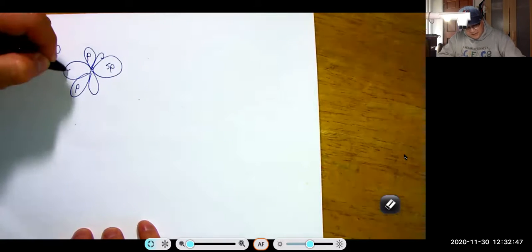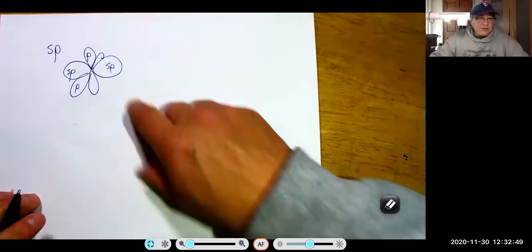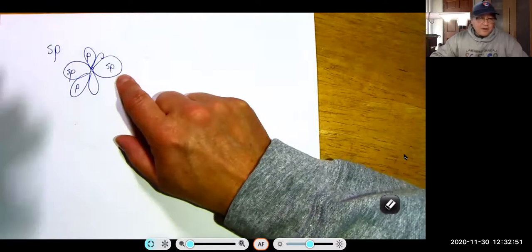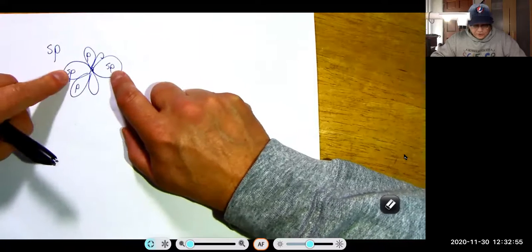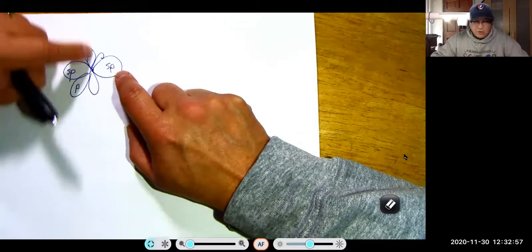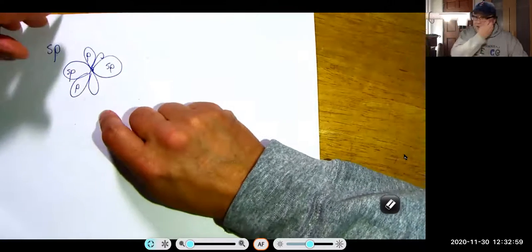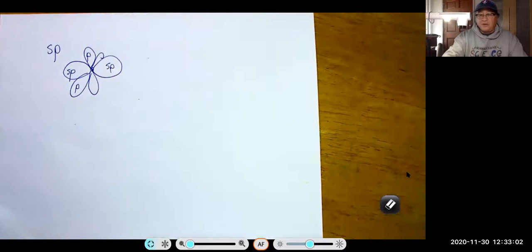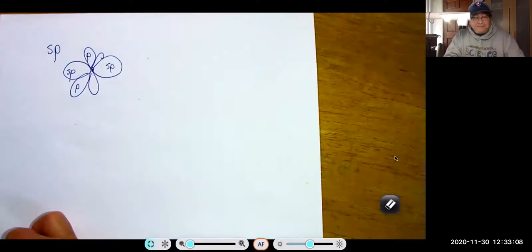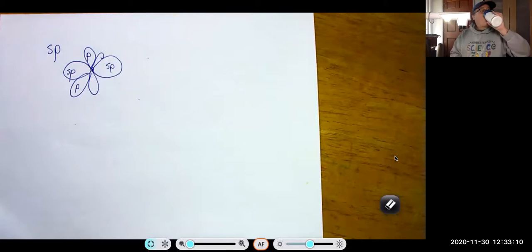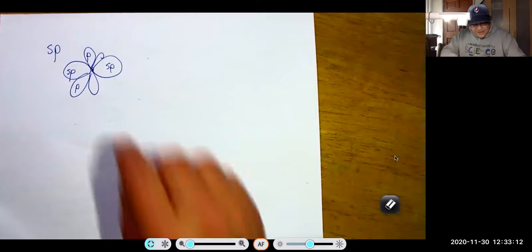Now with a drawing like this, the confusing part is that these are orbitals, but both sides of this one are one orbital. A p orbital looks like two orbitals, but it's only one. So that's sp.